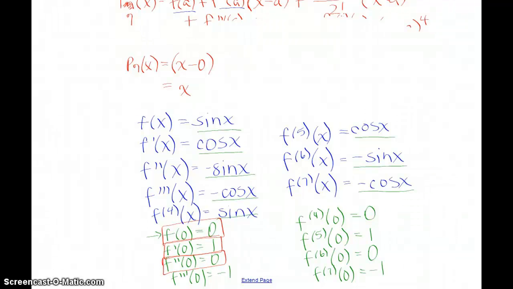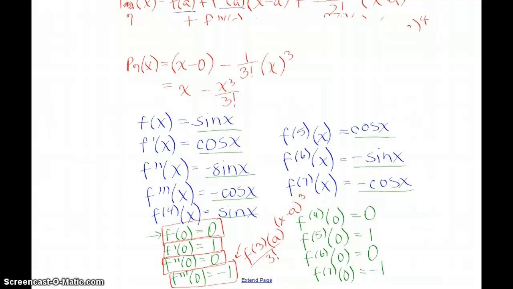I'm not going to show it. The third degree term, which remember is the third derivative at a over 3 factorial times x minus a cubed, where a is 0. So the third derivative at 0 is negative 1 over 3 factorial times x minus a cubed. You might see me write that as x cubed over 3 factorial. The coefficient to the 4th degree term is 0. I'm not going to show it.